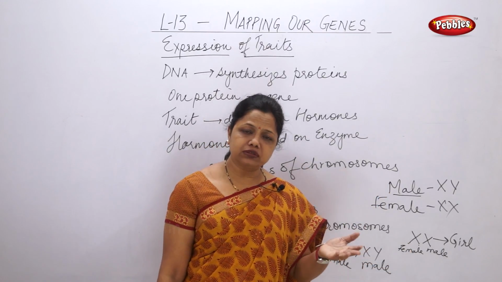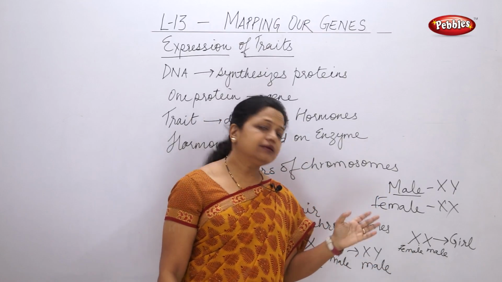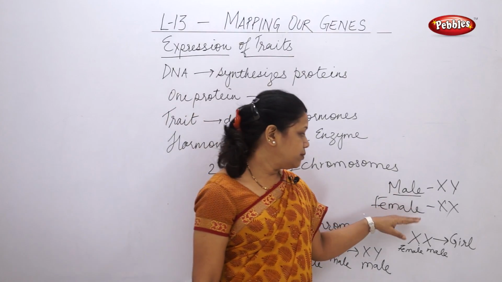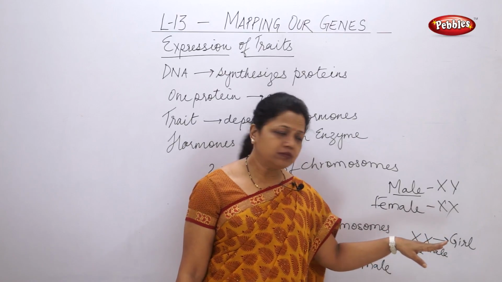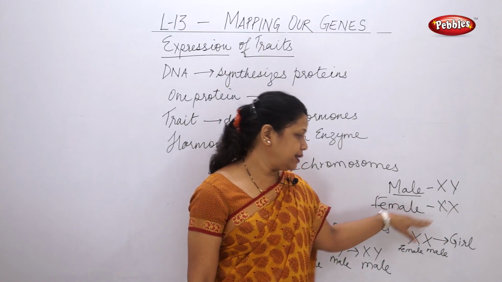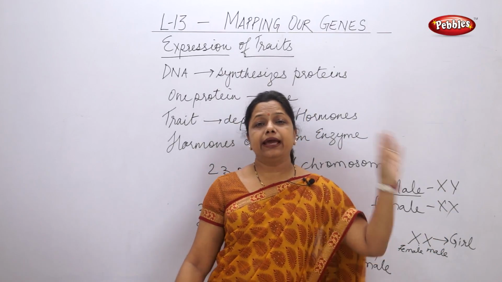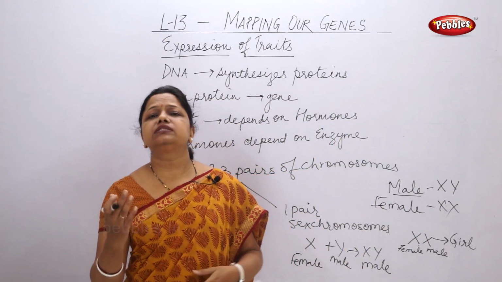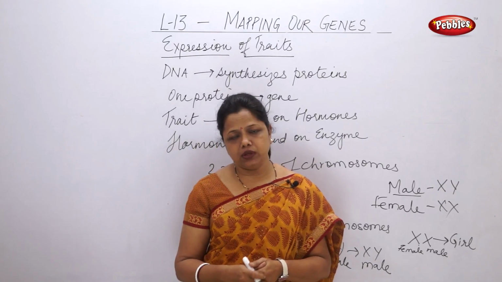But out of curiosity, if you want to know, there are some amphibians and some fishes where the female carries XY chromosomes and the male carries XX chromosomes. But that's very rare. It is found in some types of animals only.